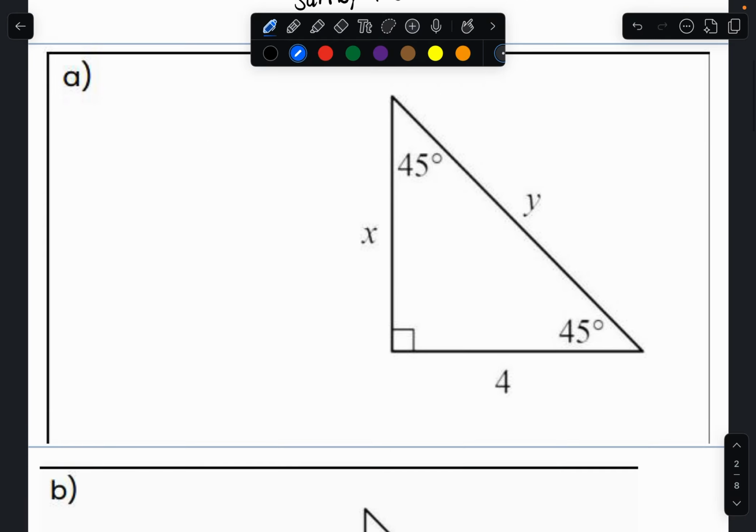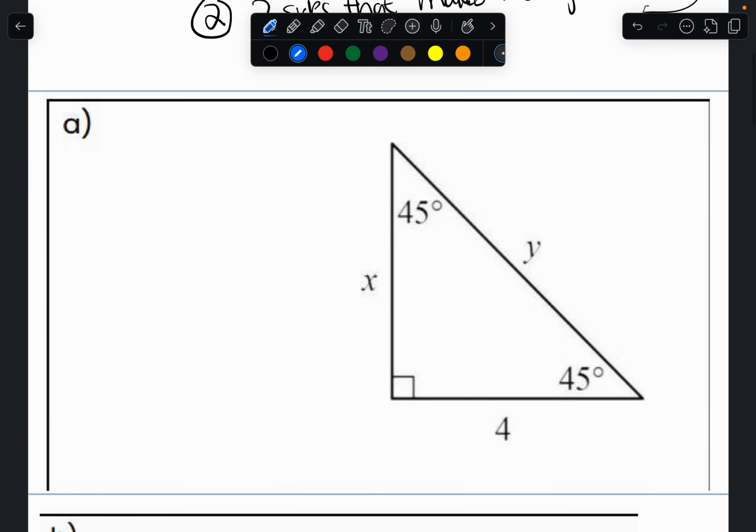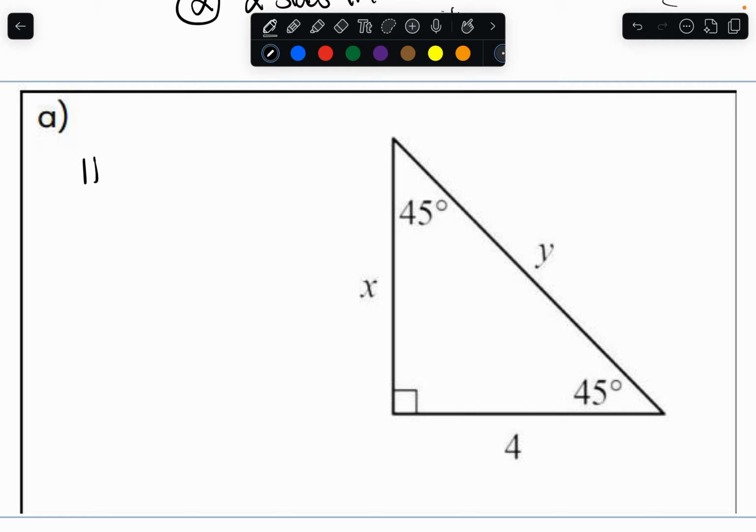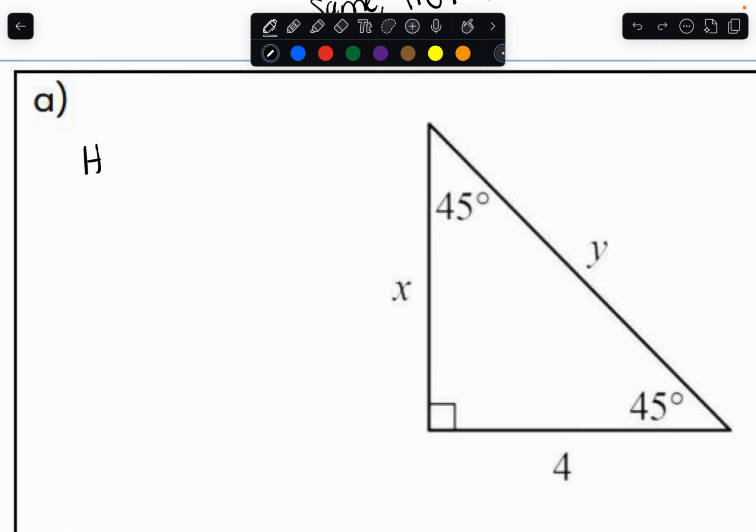So looking at part A. If I'm given the 45, 45, 90 triangle, I can just go ahead and straight use that formula. I'm going to write it down: my hypotenuse, I'm just going to put H as a shortcut, equals the square root of 2 times my leg.